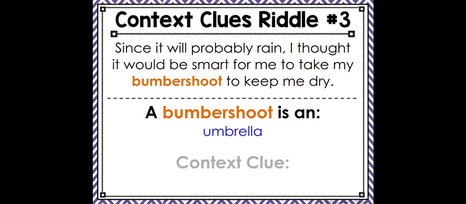It's an umbrella. The context clue here is inferencing. You can infer using the words "it will probably rain" and "to keep me dry." Those phrases help you infer.